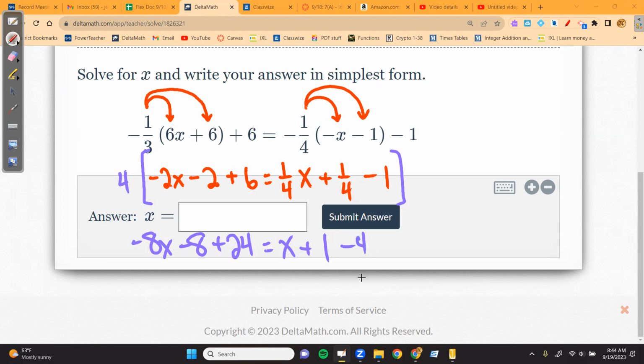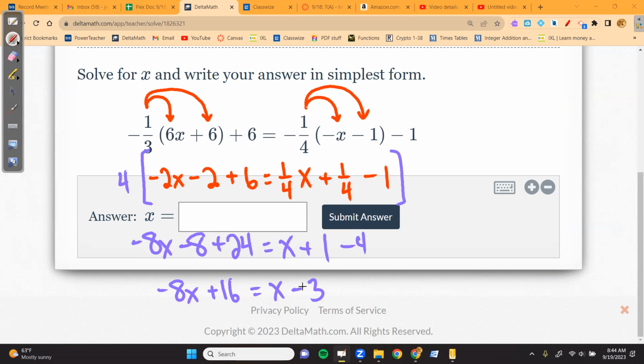Got it? That's just sweeping through times 4. That's just all the multiplications happening. And then from here, it's time to combine like terms. So I'm going to do negative 8x plus 16 equals 1x minus 3.